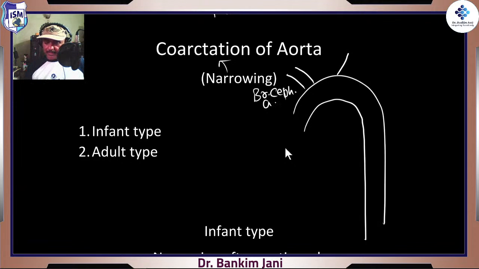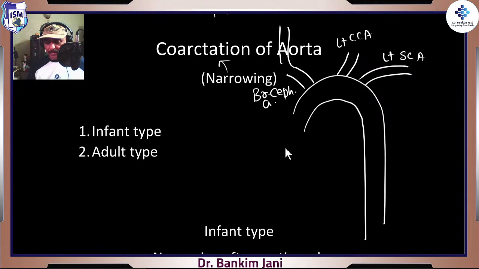Then there would be the left common carotid artery, and then there would be the left subclavian artery, right? Then this brachiocephalic will be giving a branch to the right common carotid artery, and then it would continue as the right subclavian and further. Okay, right now we are interested in only this much area.